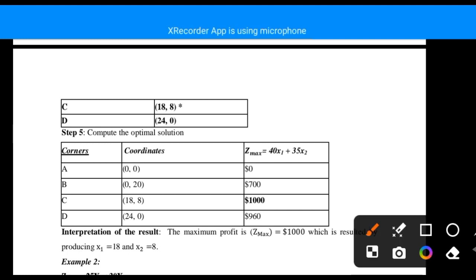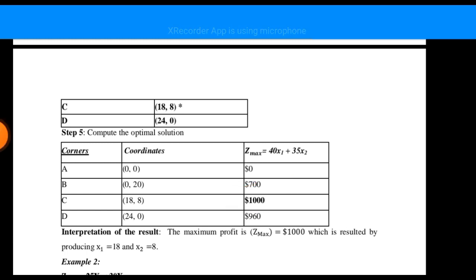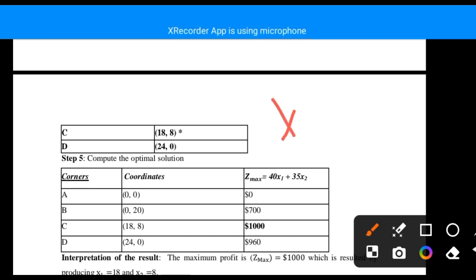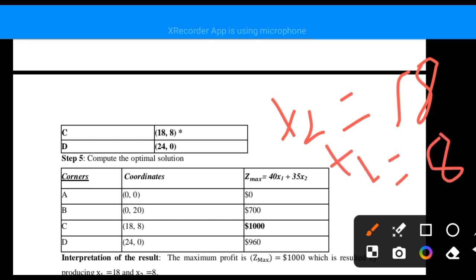Since we want profit, we look for the highest value. In interpretation, the maximum profit is 1000, which results from x1 equal to 18 and x2 equal to 8. Our company produces 18 units of x1 and 8 units of x2 to get the highest optimum profit. This is our conclusion.